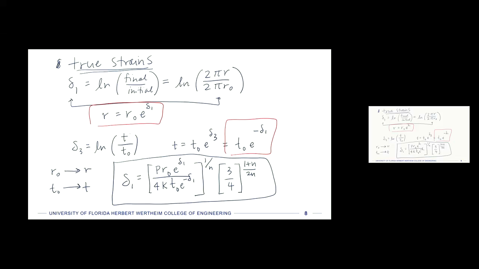You have two expressions for delta 1, this one and the one before that. But that doesn't depend on the changing thickness of the radius.